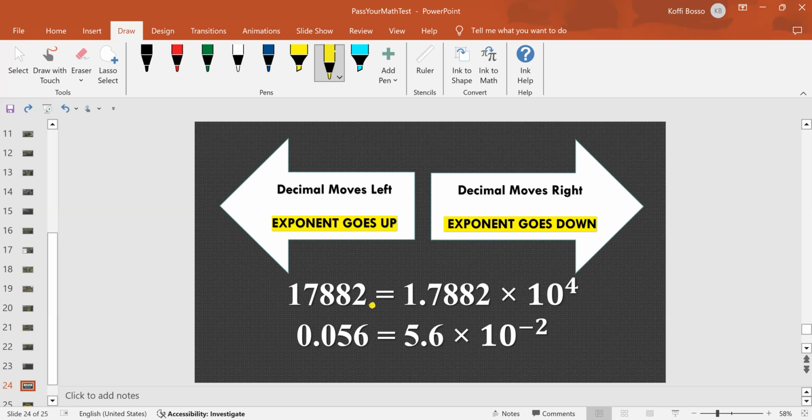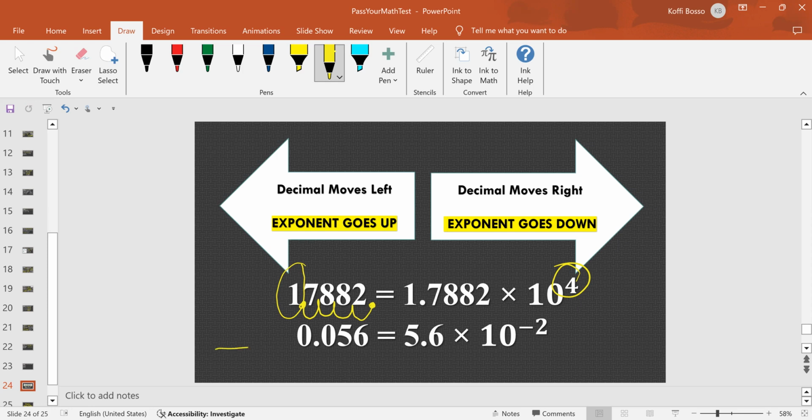And they say that when you move left, it goes up. So 1, 2, 3, 4. We move 4. That's why we have 1.7882 multiplied by 10 raised to the 4 power. Understand that for scientific notation, the first digit has to be a number which is not 0. And after that first digit, you have the decimal.